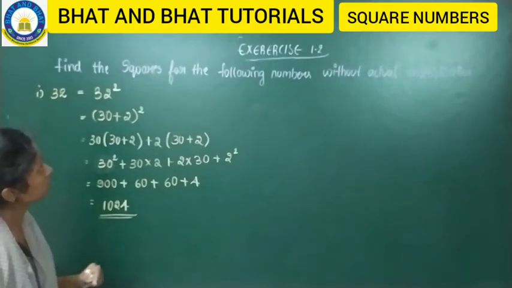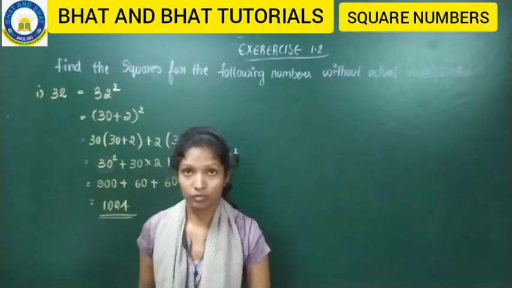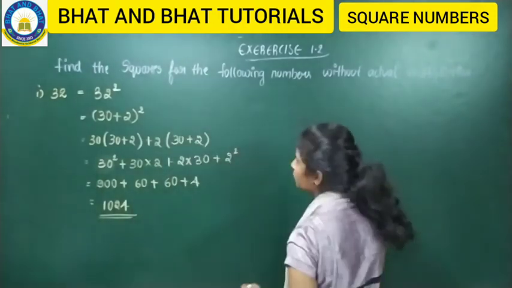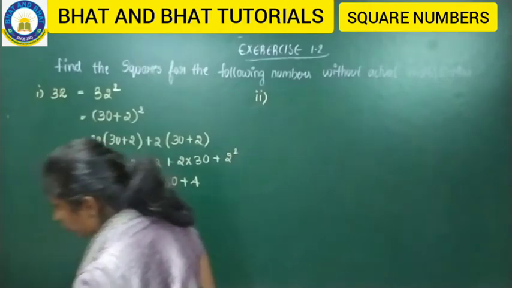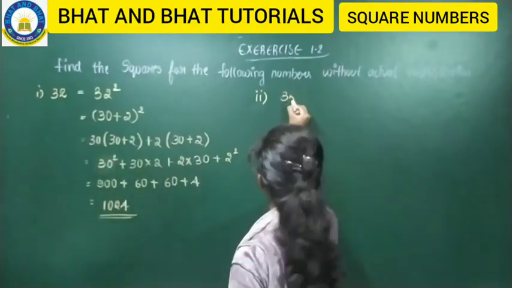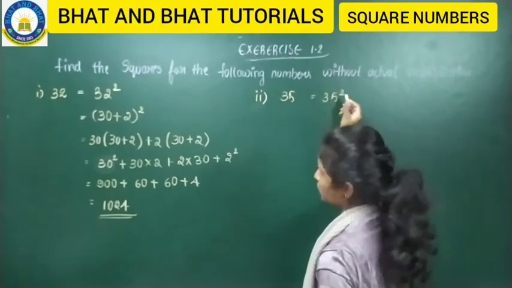Copy down this now. So fine, hope you all copied this problem. We'll just move on to the second question now. The second question that you have is 35 square.